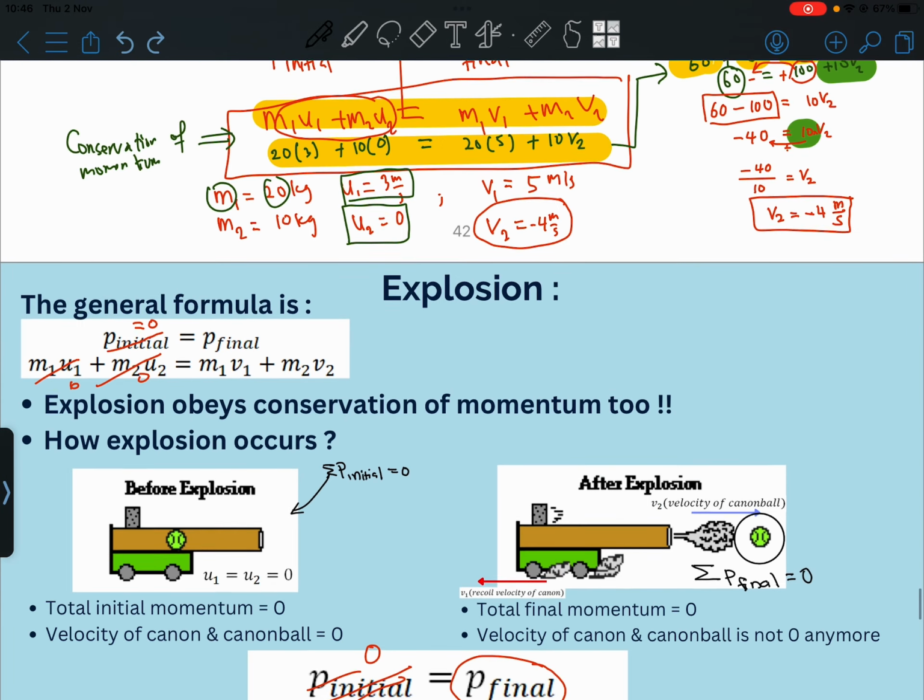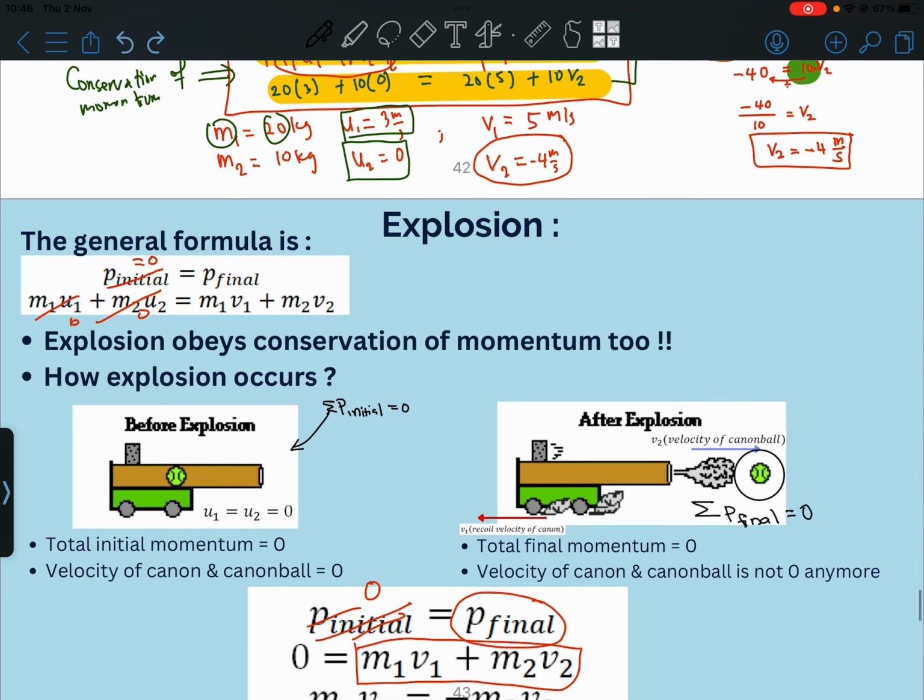What about explosion? Explosion also uses the same formula, but I want you to understand the concept of explosion. Explosion is when a particle breaks off into different, random positions.